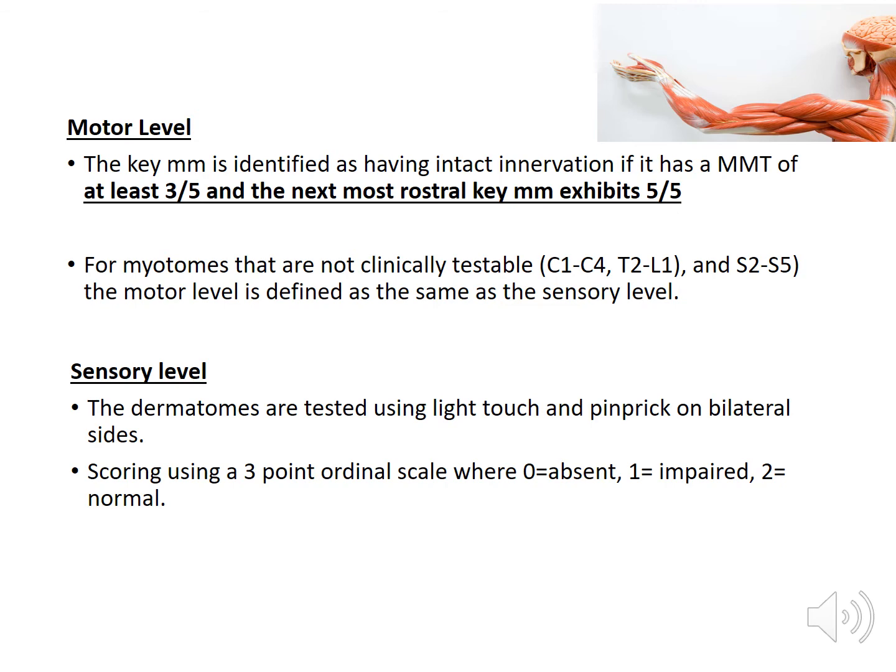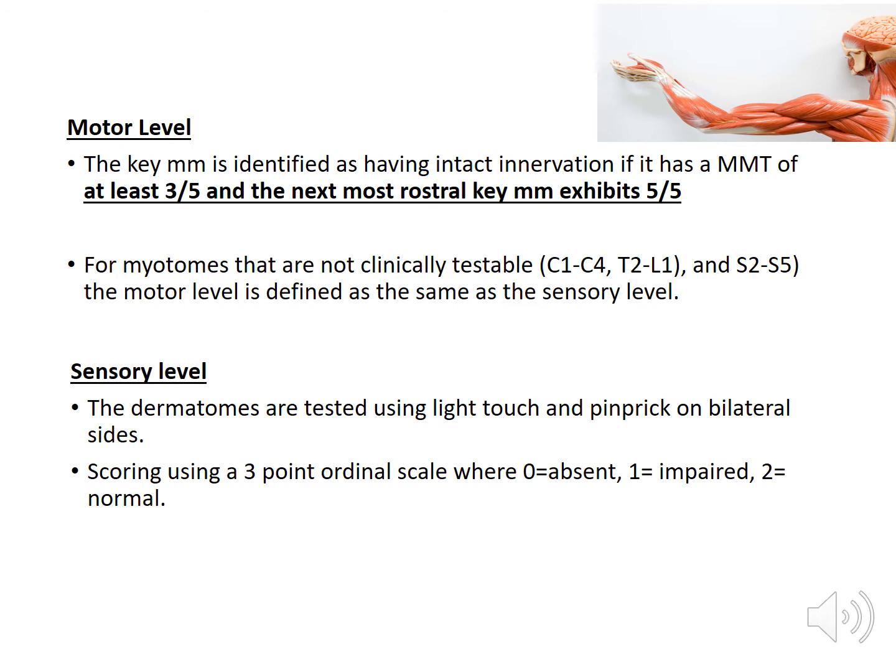An example I want to give you: the patient is being assessed to see if they are able to perform elbow flexion, full range of motion against gravity without any resistance. The patient performed it, so they are at least a 3 out of 5 in the biceps. You know that the biceps is innervated by C5.